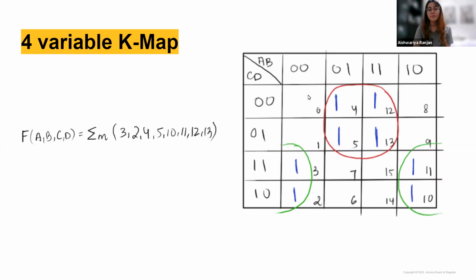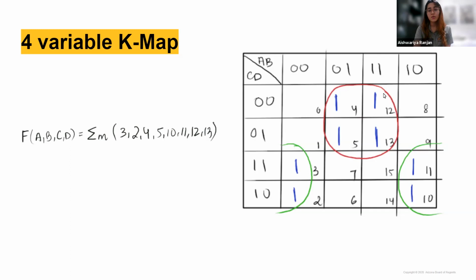To express the red box, you have to see what limits it. Both of them are in columns where B is 1. It doesn't matter what the value of A is, they're both in columns where B is 1. And over here, they're both in rows where C is 0.